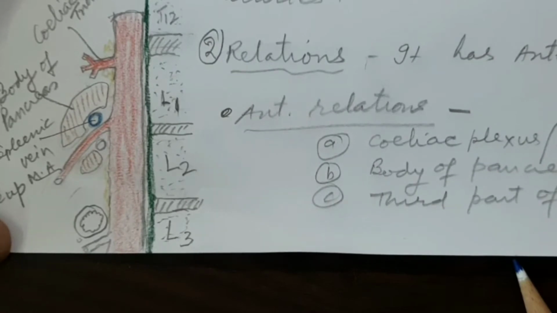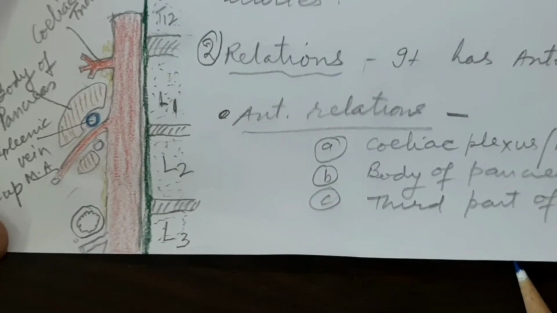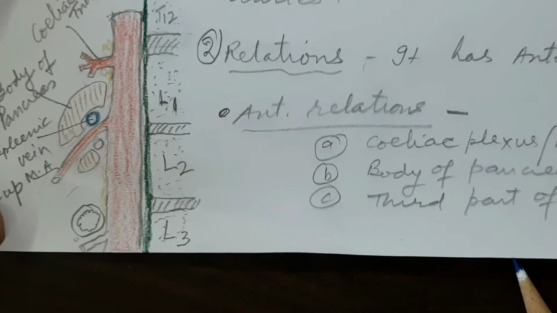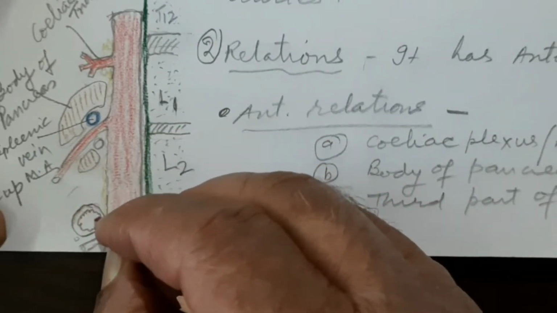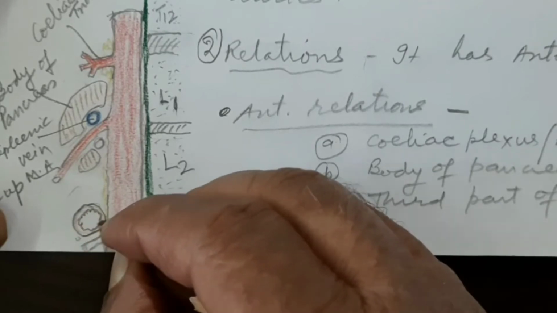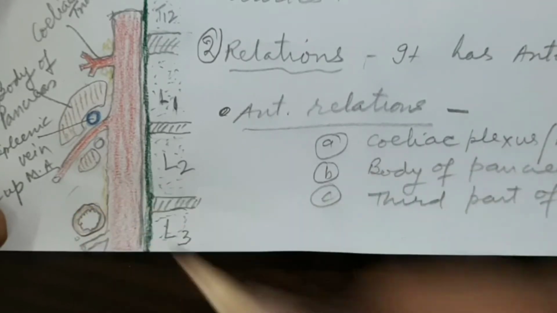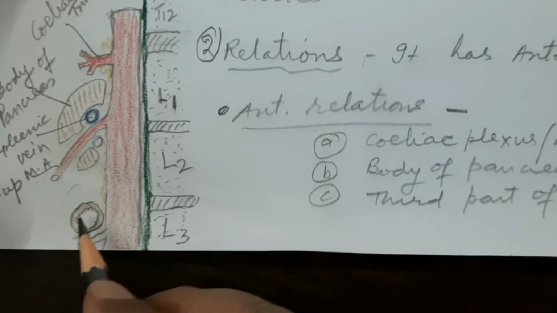Now let us see another anterior structure which is lying in front of the pancreas, and this is the third part of the duodenum which will be crossing the aorta. Let me draw it, third part. Okay, so this is the third part of the duodenum in cross section, because it is crossing the aorta.